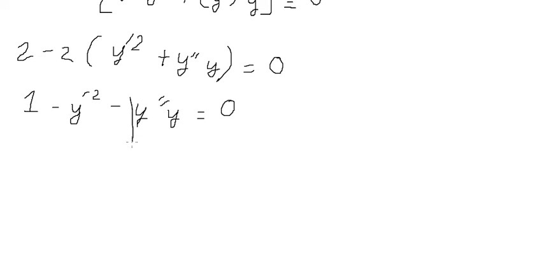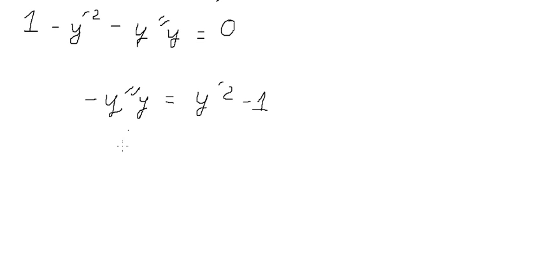So we need to find the second derivative in here. So we put this one in here, go to the right. And we divide both sides by y with the negative.